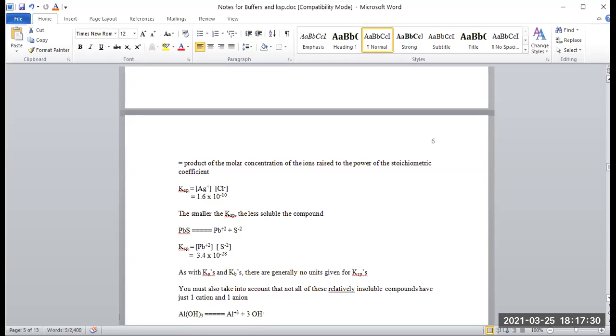When we did KW, we said it was H plus in square brackets times OH minus in square brackets. And we didn't write the water molecules on the bottom. The same idea kind of happens here. I'm going to hop back over to my whiteboard for a minute.